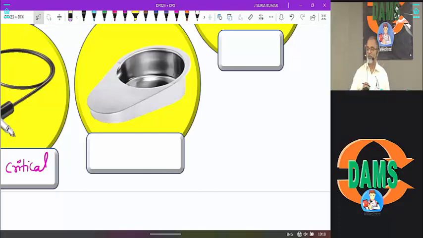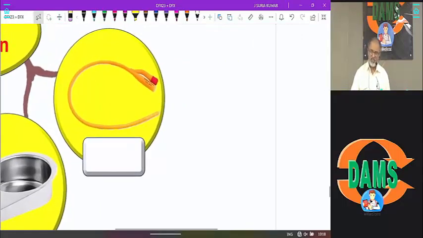Okay, reusable comes under semi-critical. Foley's catheter. Any urinary catheter and cardiac catheter comes under critical. Very good. Critical.